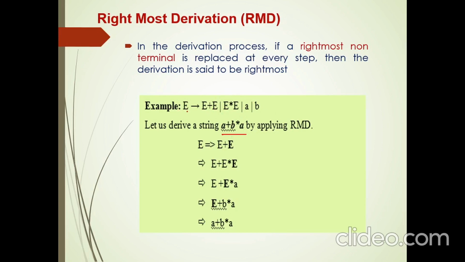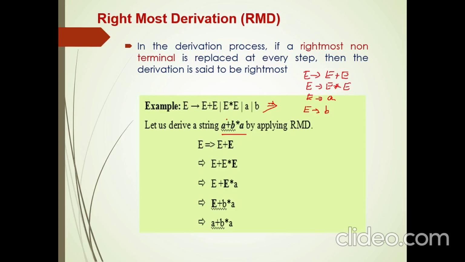Here we have only one non-terminal, that is E. This is similar to E gives E plus E, E gives E star E, E gives A, E gives B. The same thing we can write this way.